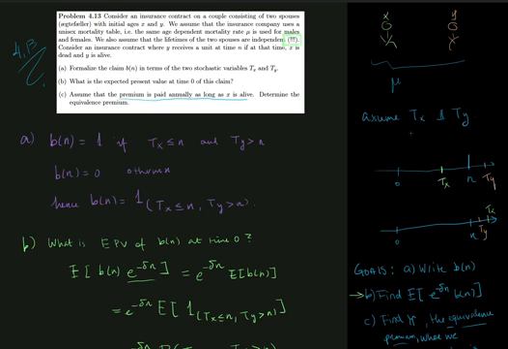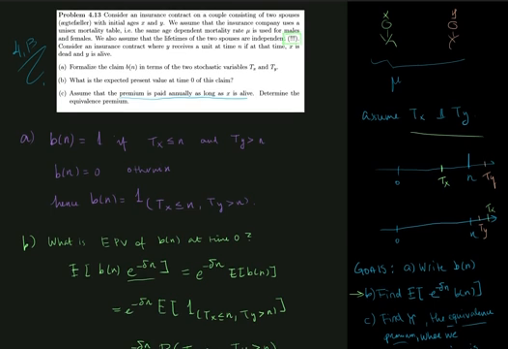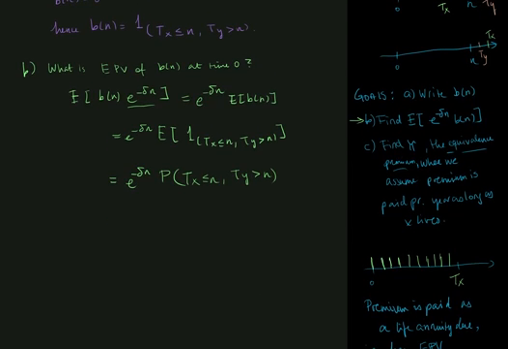So TX and TY are assumed to be independent, which also means that this probability can be split up into the product of the marginal probabilities.